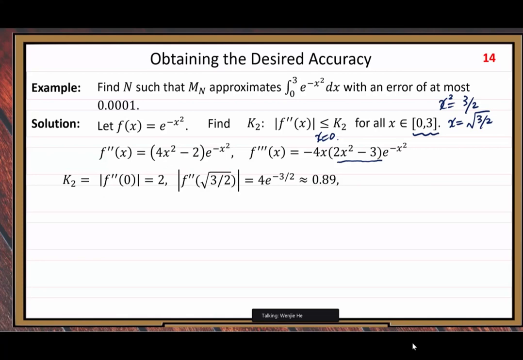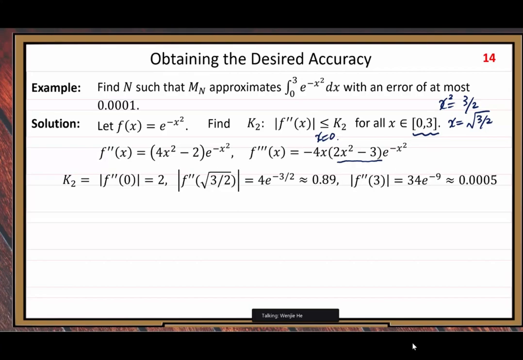We also need to look at the values at the endpoints, other than the internal critical points. This is one of the endpoints, this is the internal critical point, and we also need the value at the other endpoint, 3, which is much smaller.